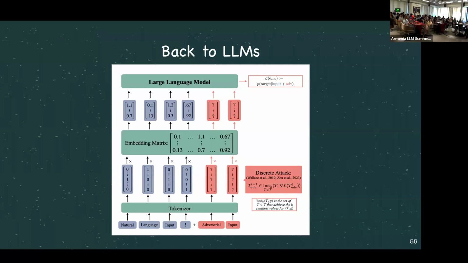What you're looking for is basically what do we put here as tokens? What are the adversarial inputs there in order to maximize the probability of the target? So the variable here is this red input that I need to find, in this probability down there.